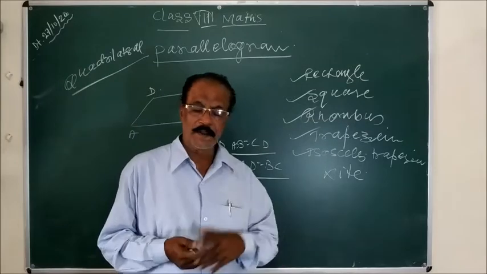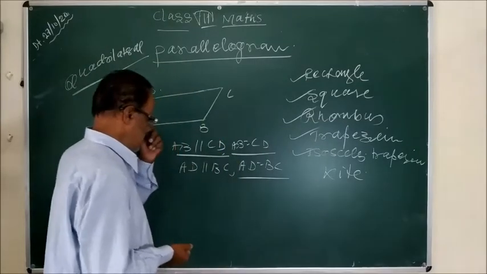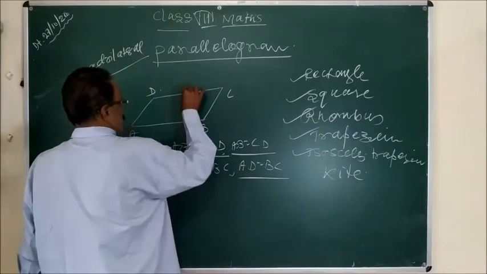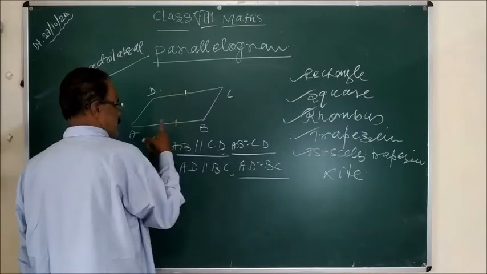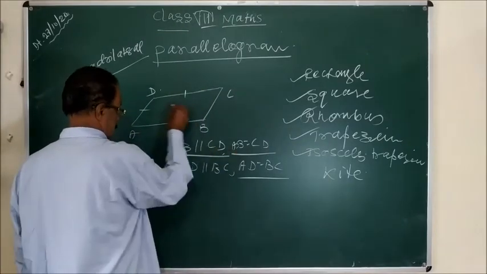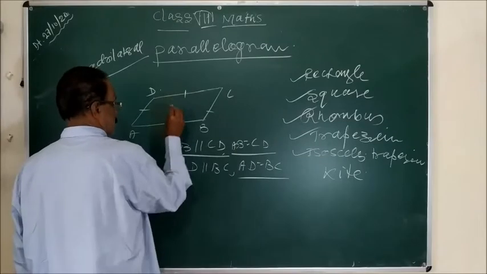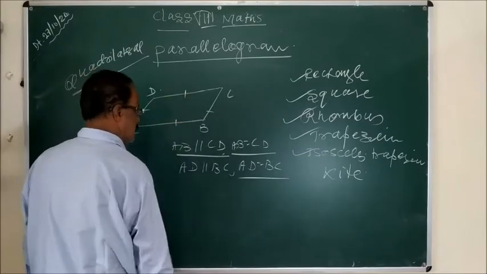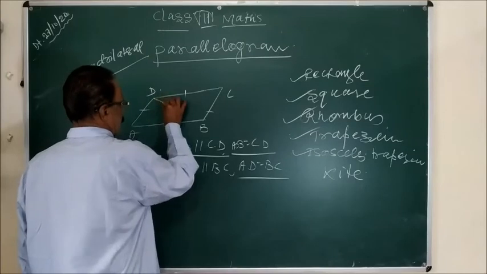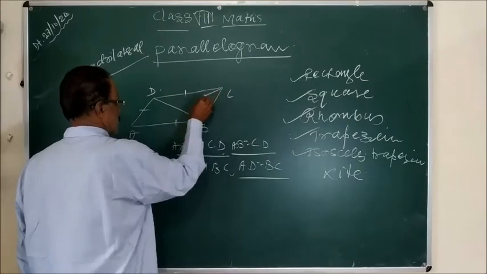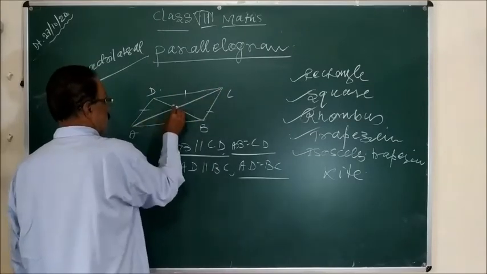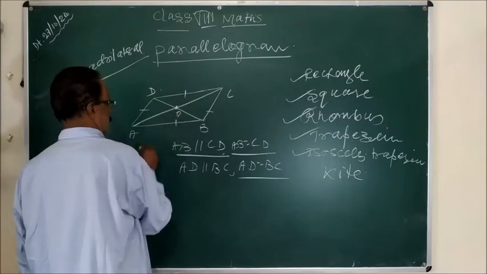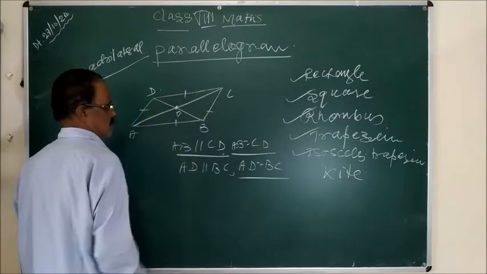Now you see what the properties of a parallelogram are. Let us look at the properties. First property, opposite sides are equal. Opposite sides are parallel. And these are diagonals, you know very well. So which diagonals are there in this? AC and BD.